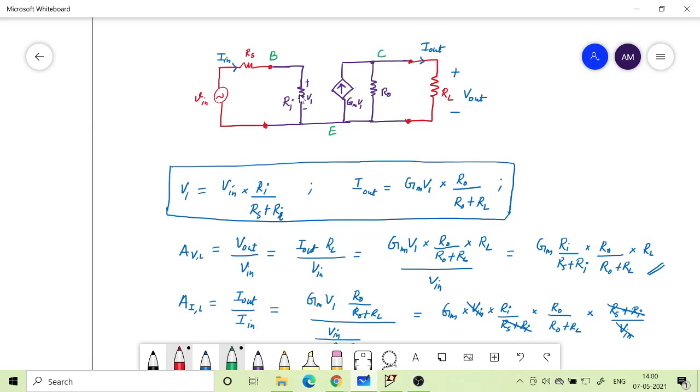I did not put this R0 because I said it's flat. IC was constant, right? But in a real component or real transistor, IC will not be completely flat. You will have a slight slope due to the R0. So the transistor will have an R0, and you need to put in the corresponding value there.